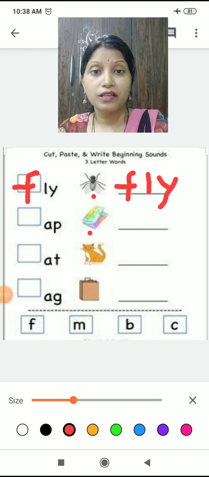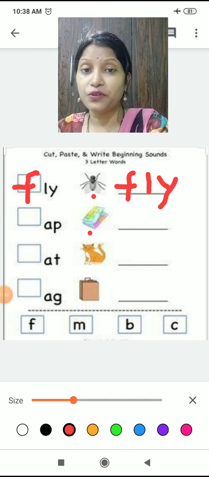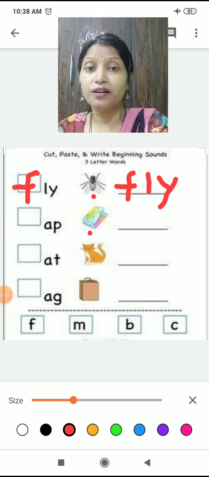Now what is this, children? Yes. This is a map. Okay. So map means which sound it has? M. Okay. Now which alphabet we are going to write here for M? M has a sound of M. Okay.